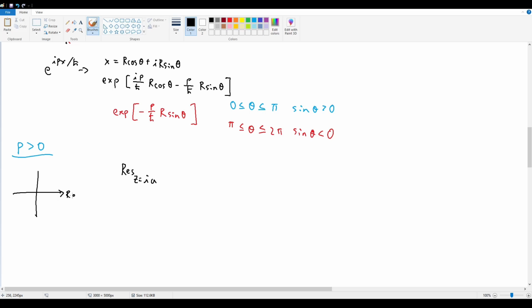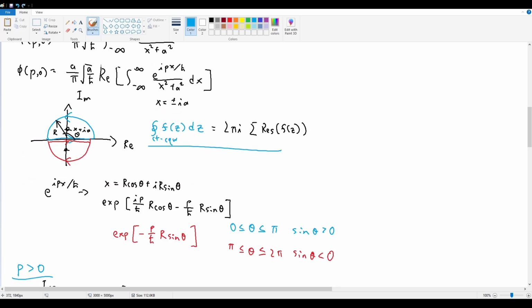This is the real line, this is the imaginary line. We're closing on the upper hemisphere. And the reason why is because we want this exponential to go to 0 when r becomes infinitely far away, so that way we can apply the residue theorem.